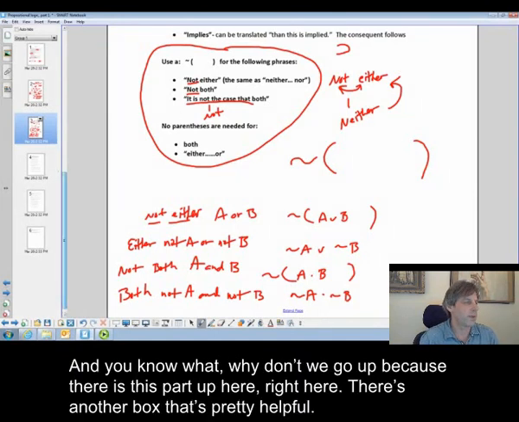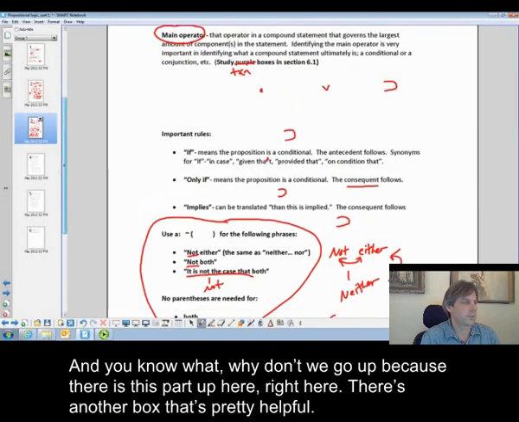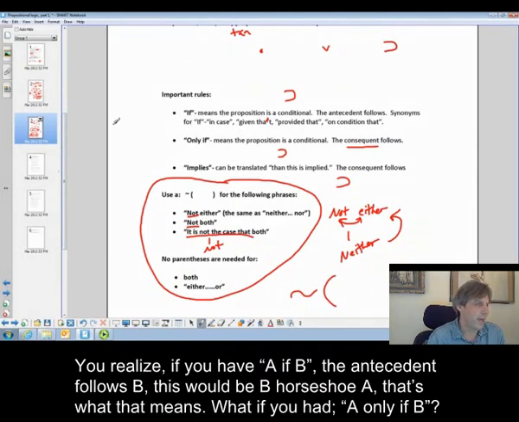And why don't we go up, because there is this part up here. Right here, there's another box that's pretty helpful. You realize if you have A, if B, the antecedent follows if, so this would be B horseshoe A. What if you had A only if B?